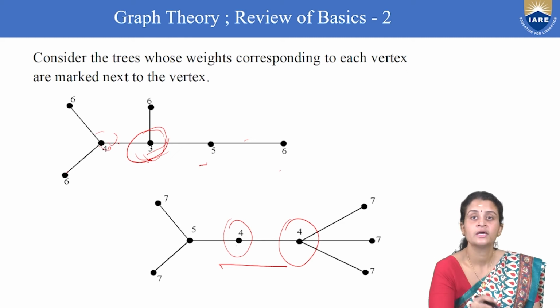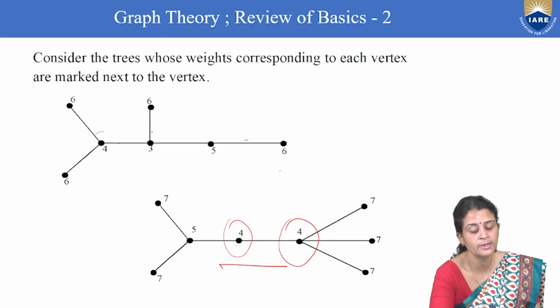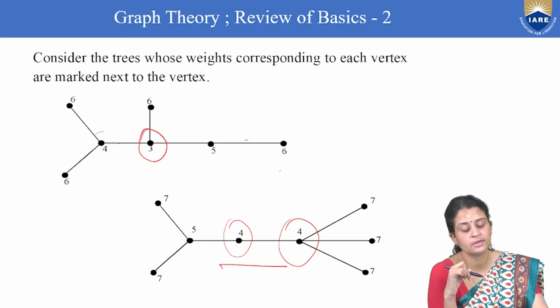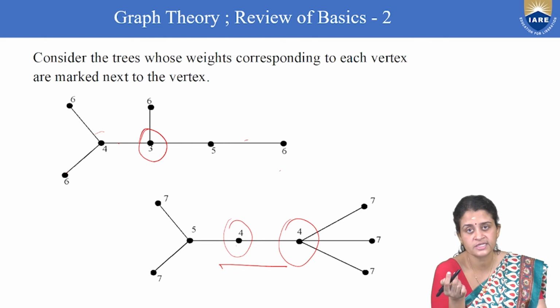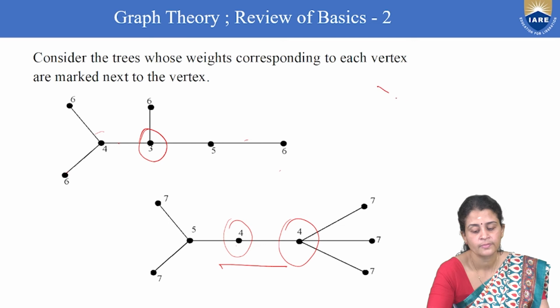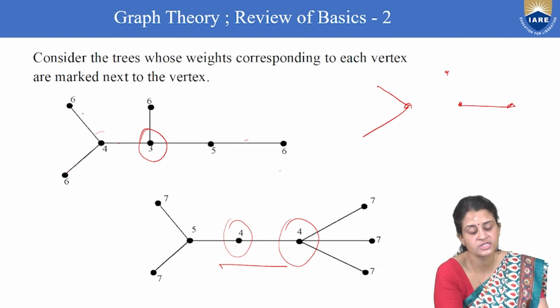Here let us see. We have this vertex with weight 3 to be the centroid of the tree, right? If I am removing this vertex, what will be the resultant trees? It will be like that only, no? How many vertices did we have in this tree? 1, 2, 3, 4, 5, 6, 7.